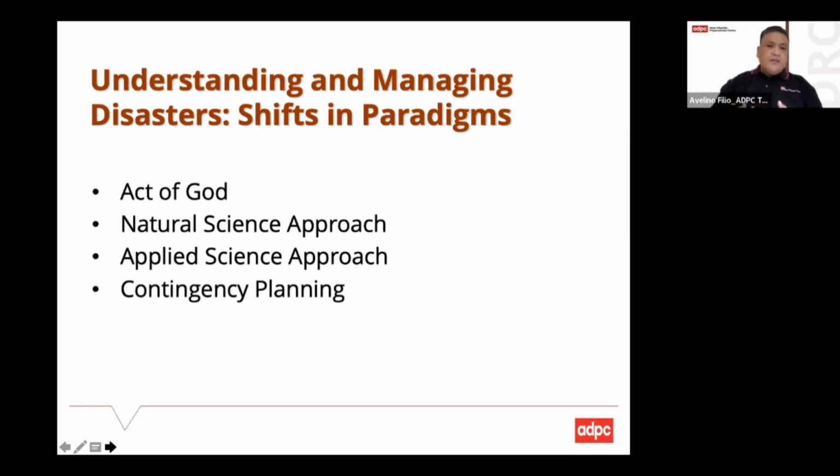But what if the case is that you'll have 1,000, 2,000 families affected? Are we prepared for that? Are we prepared for a worst case scenario? That, in essence, is contingency planning.